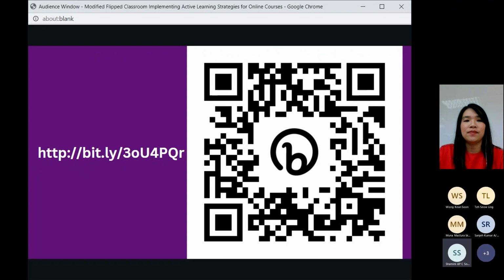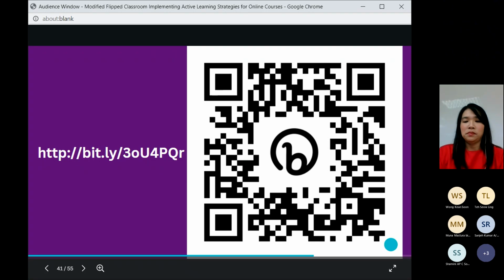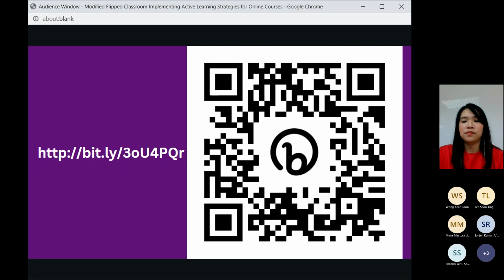Okay, so you see a QR code here and also the link. I think I'll share the link in our chat box as well. Okay, so this is the link to a folder.